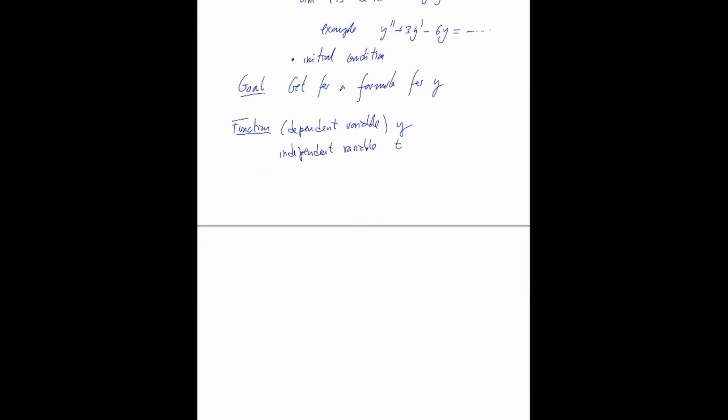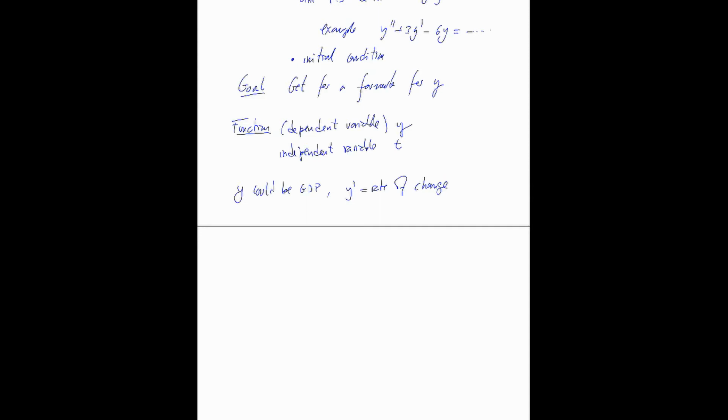Like, for example, the way the GDP evolves over time. For example, y could be the amount of money in the country, the GDP, and then y prime is the rate of change of the GDP. We may not know that the rate of change is 3, but we may know that the rate of change of the GDP is the square root of the GDP or something like that.